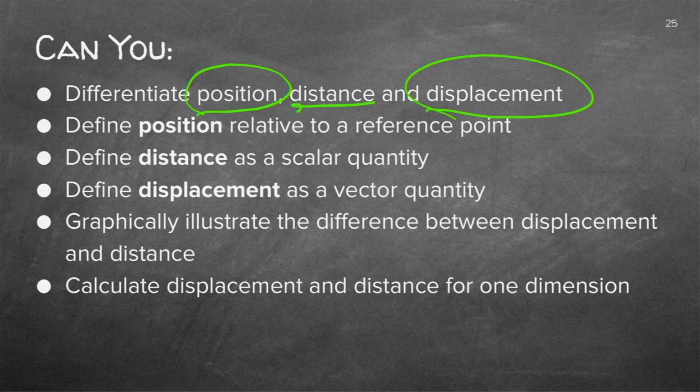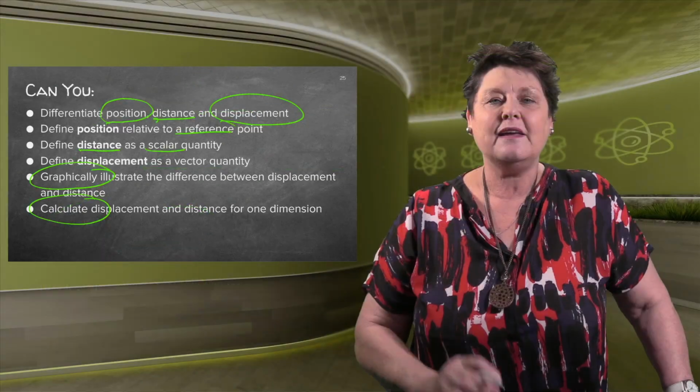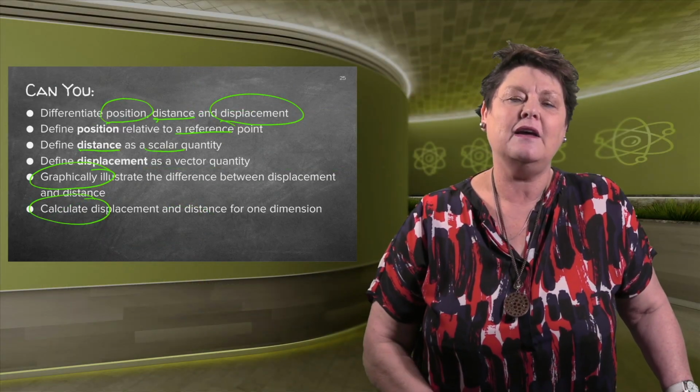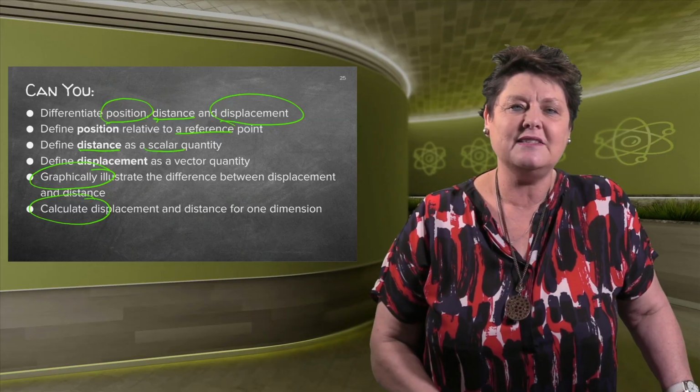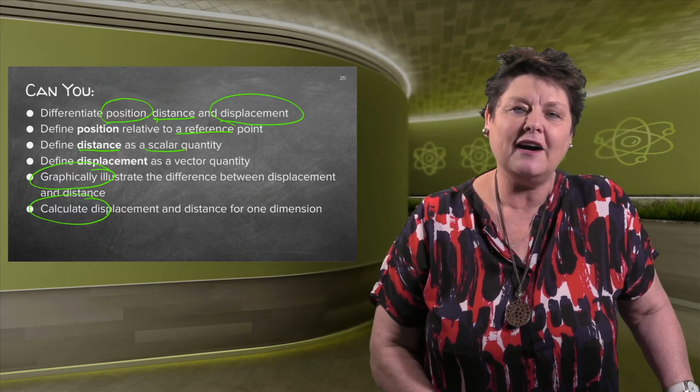You have to know that there's a reference point, distance is a scalar, and displacement is a vector. So the direction is important. Can you do the graphics? Can you draw it? And can you do the math? Can you calculate? Careful, accurate, have a look at your answer and see if it makes sense.